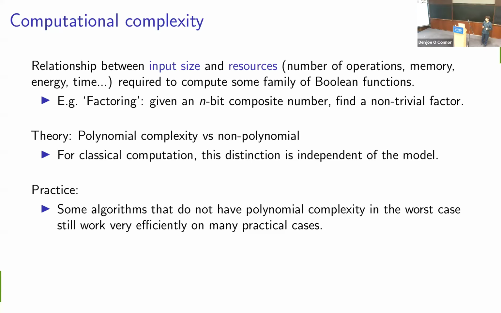So we've got some algorithms that we know don't have polynomial complexity. They have a worse complexity than polynomial, but actually in many practical cases, they work very well and give us results very quickly. And so that's one way in which this distinction maybe doesn't hold as much as people like to think.